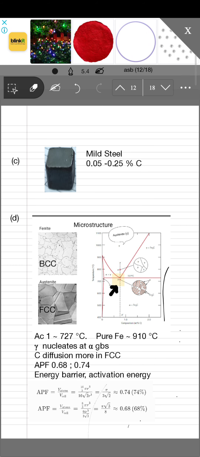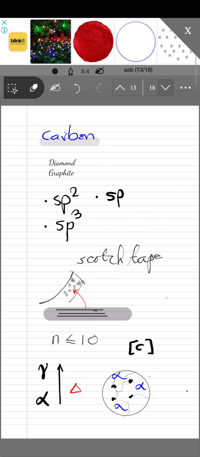Now, the reason why this change in transformation occurs is due to the nucleation of phases. This is how the alpha microstructure looks.